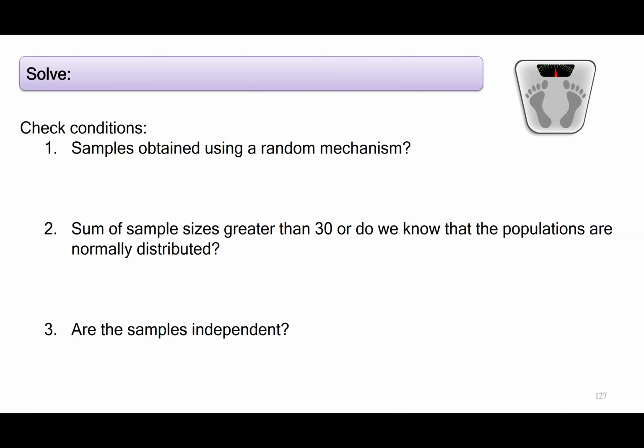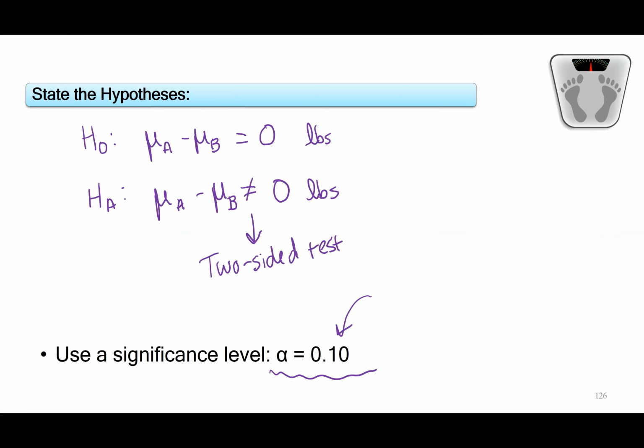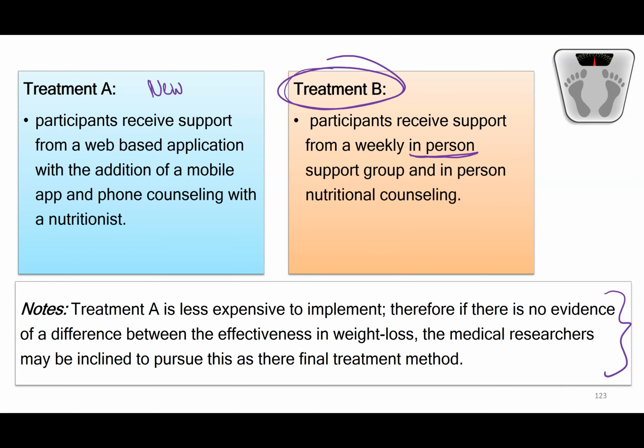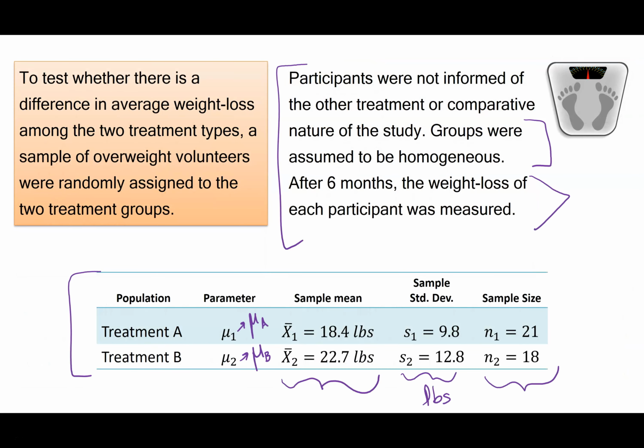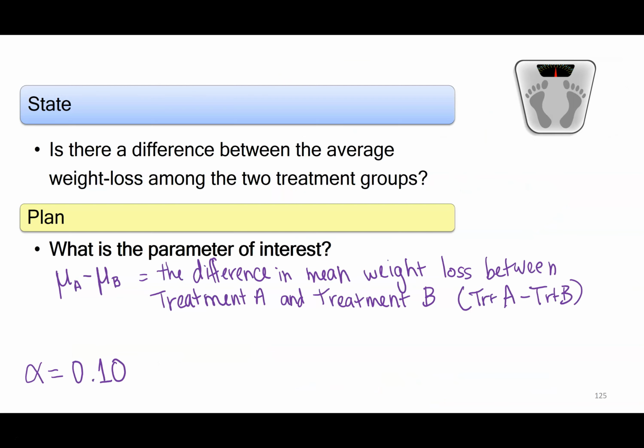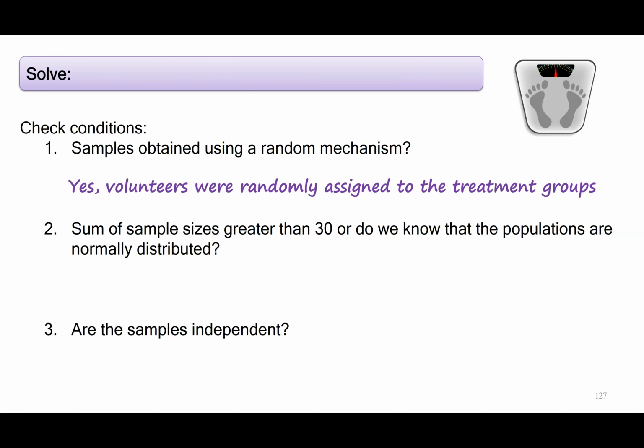So now we have to check our conditions. Did we get our samples using a random mechanism? So that's going back to how was this designed. So honestly, these participants probably weren't a random sample, but they were randomly assigned. So, yes-ish.